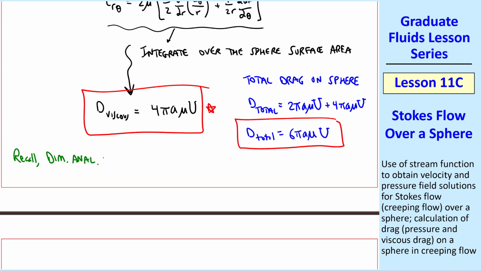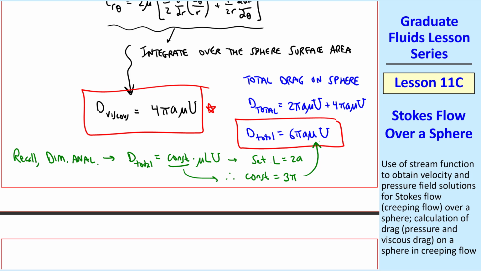Recall from dimensional analysis, we determined that d total is some constant, which was unknown, times mu times some length scale times u. It's appropriate to set the length scale to the diameter of the sphere, which is 2a, and thus this unknown constant from dimensional analysis must be 3 pi, so that we get this equation.